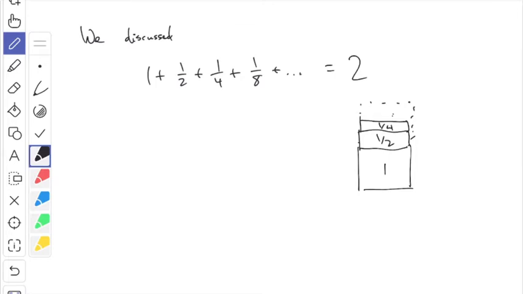This kind of thing is what we want to discuss in this section. How could you add this up and get 2 as the answer without drawing that little picture? Or what if those numbers were different? These are powers of 2 in the denominators, but what if instead I used powers of 3, say?